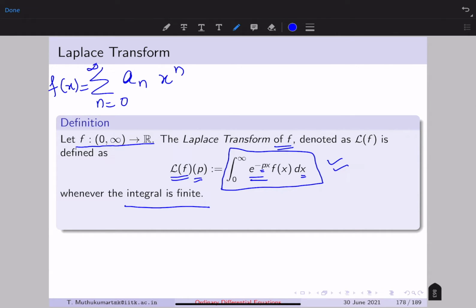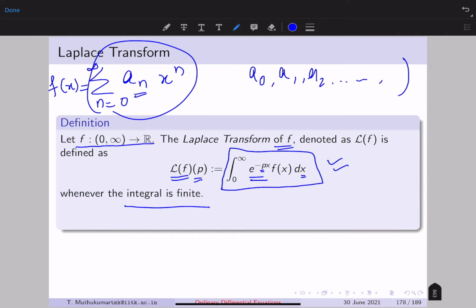So once I have a power series, what determines this power series or this function are these coefficients, right? So what are the coefficients? You have a0, a1, a2, but you have an infinite number of them.